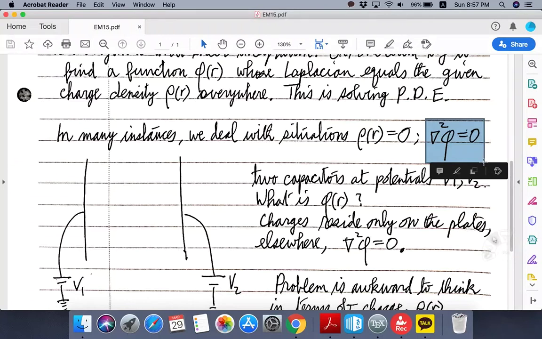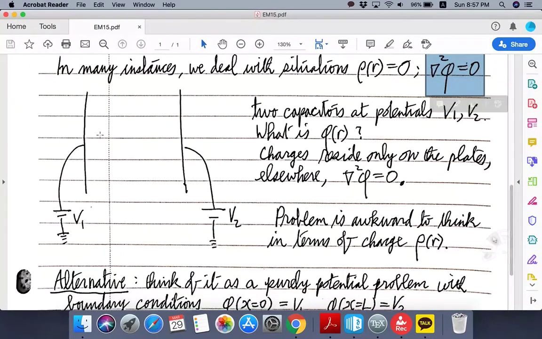And this may seem like an artificial situation, but in reality, this arises more often than you might imagine. For example, let's imagine the situation where we have one capacitor plate at potential V1 and another capacitor plate at potential V2, and there's nothing in between the plates, just a vacuum. And the question you want to ask is, what is the potential at some point, any point inside this pair of capacitors?